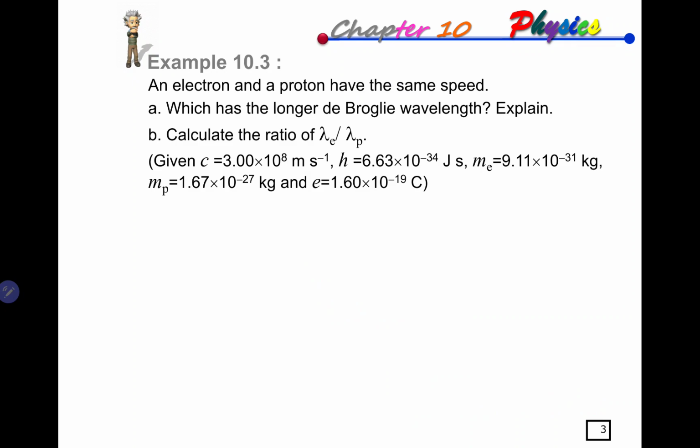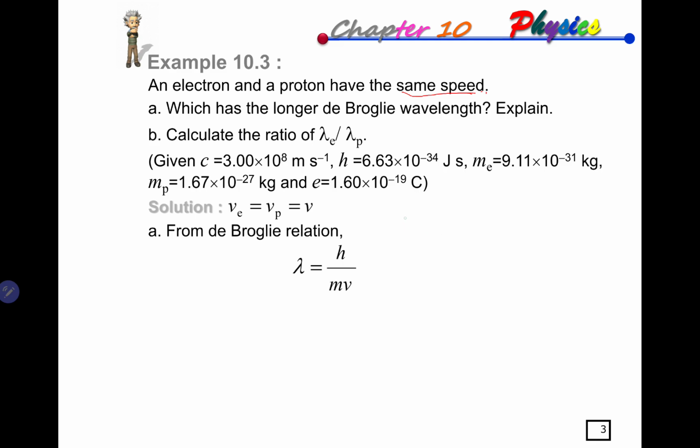Next, example 10.3. Here you have an electron and a proton with the same speed, both moving with the same velocity, each with a de Broglie wavelength. They want you to explain. For this we refer to the equation: with velocity constant, lambda equals h over mv.